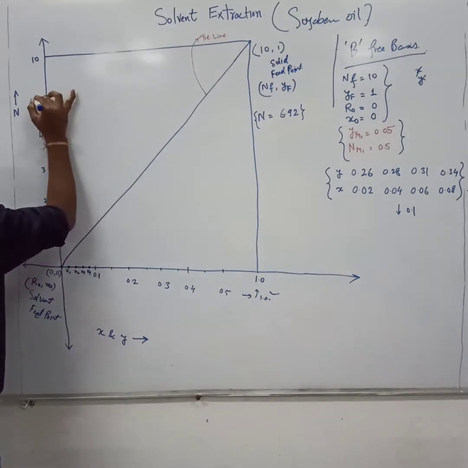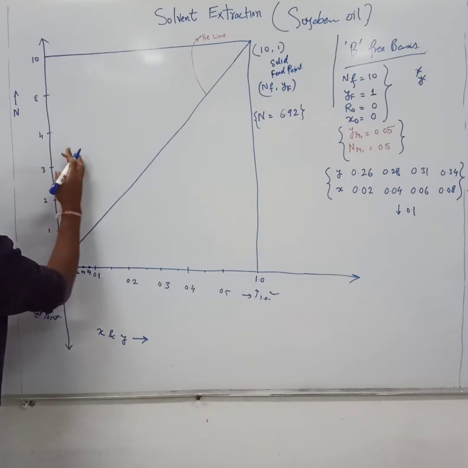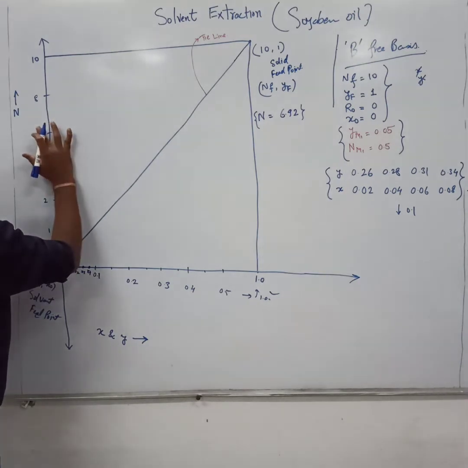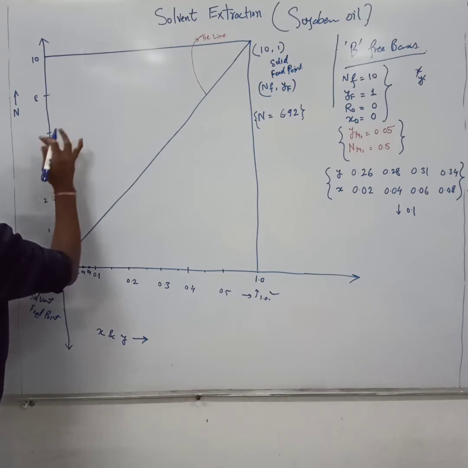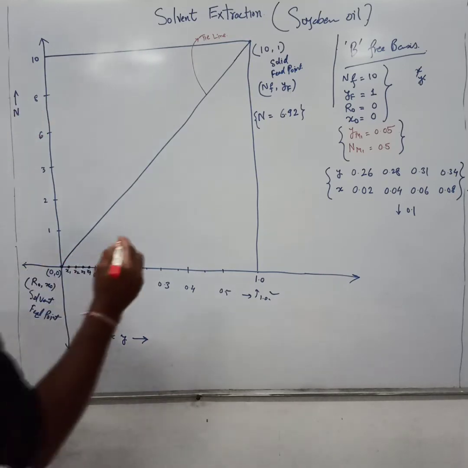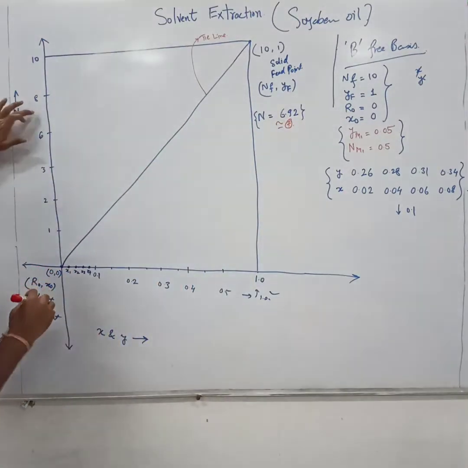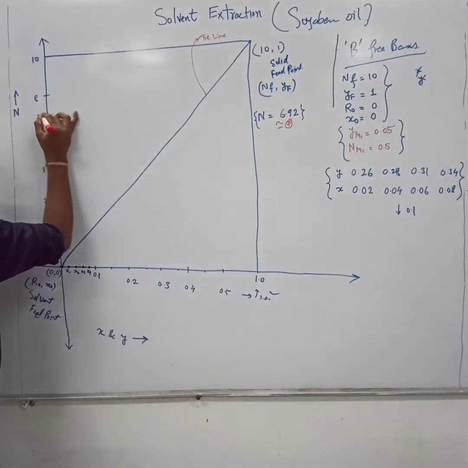So I am getting 6.92, and approximately we consider it 7.